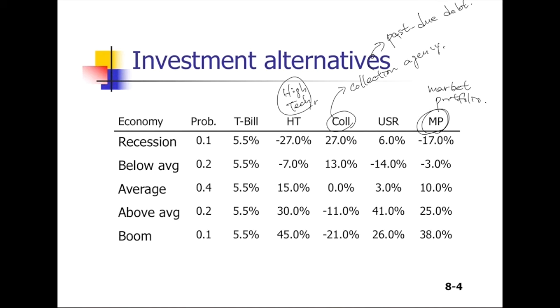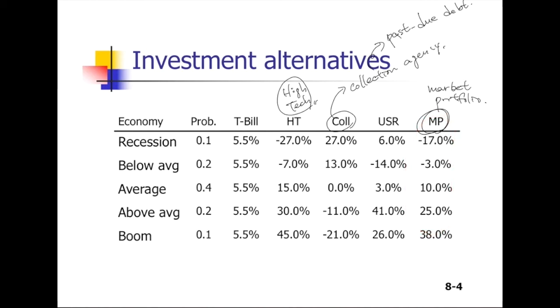If the investor does not pay back interest or a loan to the bank, the bank can sell the past due debt to the collection agency. Collection agency in Korean is 수금업체. As you can see, the collection agency's expected return moves opposite to the market, right?